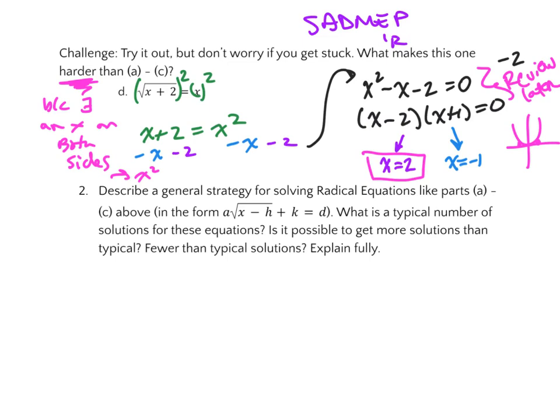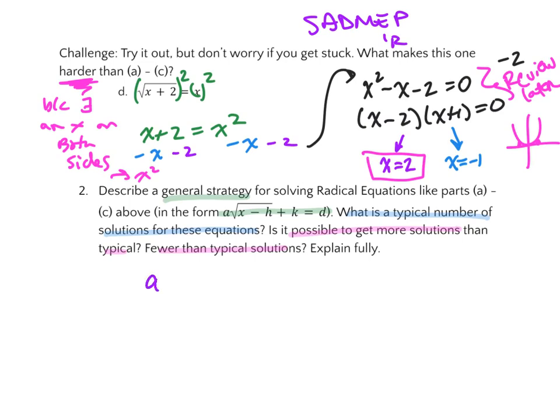All right, a general strategy for anything that looks like this. What is a typical number of solutions for these types of things? Is it possible to get more solutions than typical? Well, if we just look at the challenge, fewer, because you have no solution. Interesting.